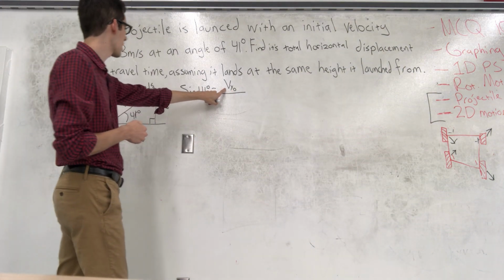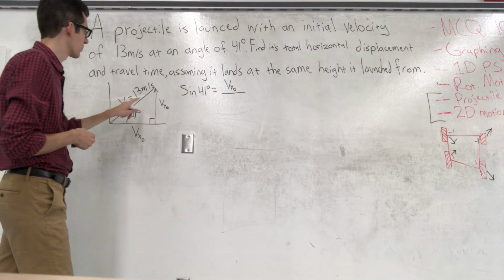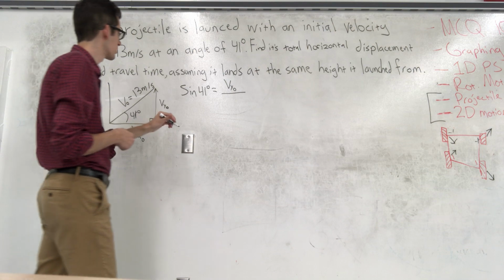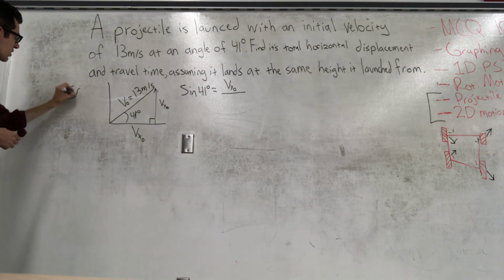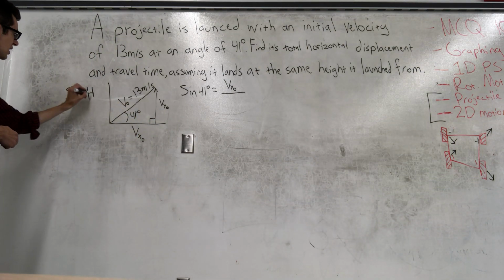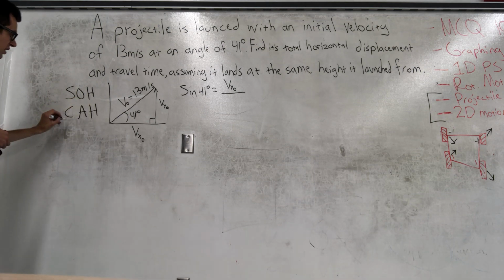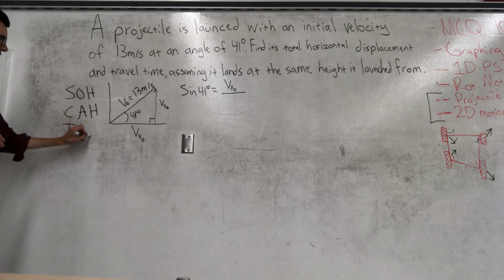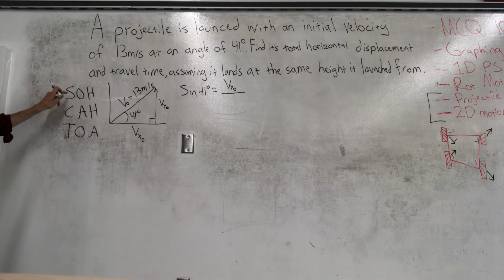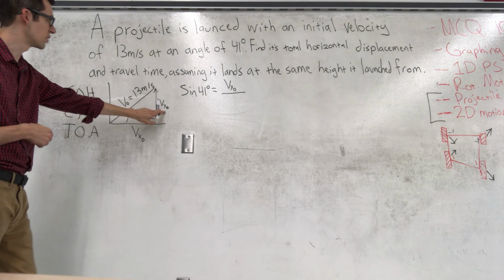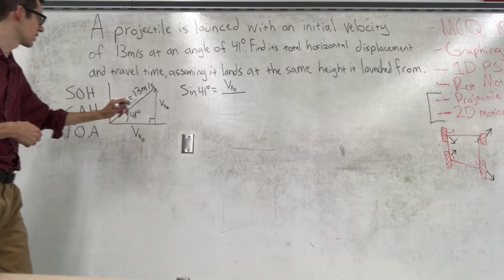What I should have said was the opposite over the hypotenuse, because we have SOHCAHTOA. Sine is opposite over hypotenuse, cosine is adjacent over hypotenuse, and tangent is opposite over adjacent.